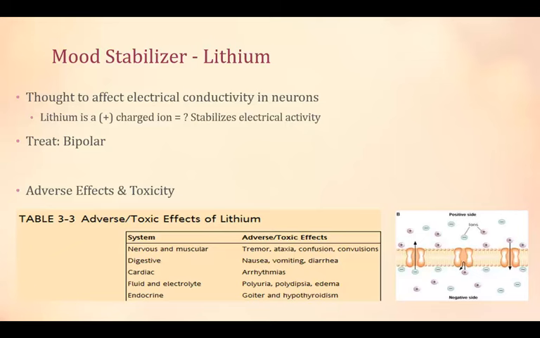And what they think is that lithium interacts with this complex interaction between sodium and potassium, and it helps to stabilize the electrical activity of the neuron, and therefore essentially slows down that neurotransmission. Lithium is a positively charged ion, so because it's positively charged, it interacts with that sodium-potassium exchange, remember, and it stabilizes that electrical activity.